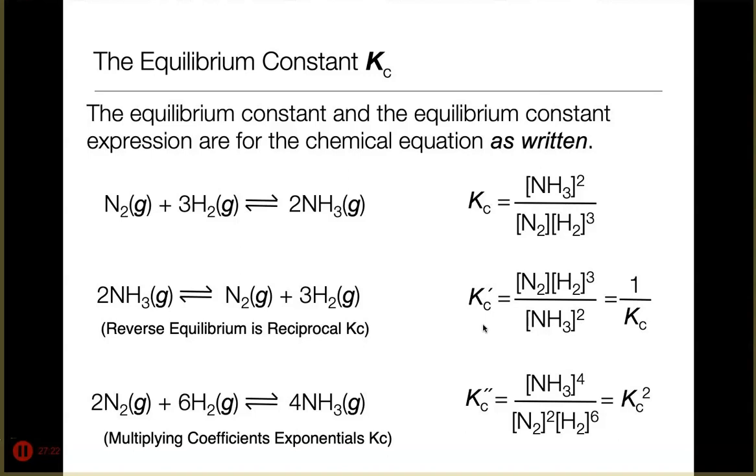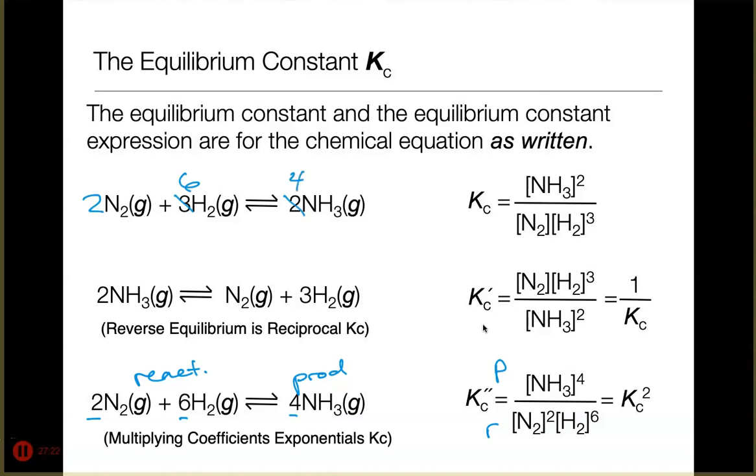But again, I take a look. I have my products, which is ammonia. My reactants are still N2 and H2, but I follow my rules. Products over reactants. I wrote it this way, instead of having 1, 3, and 2, I did 2, 6, and 4, right?